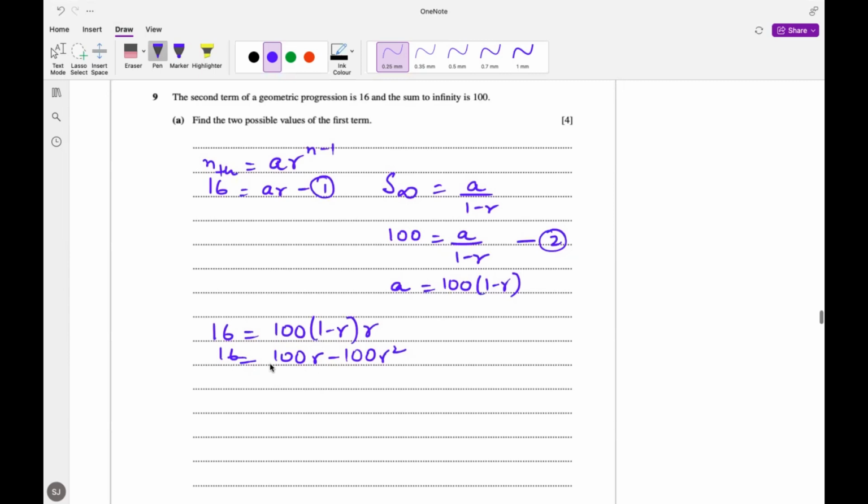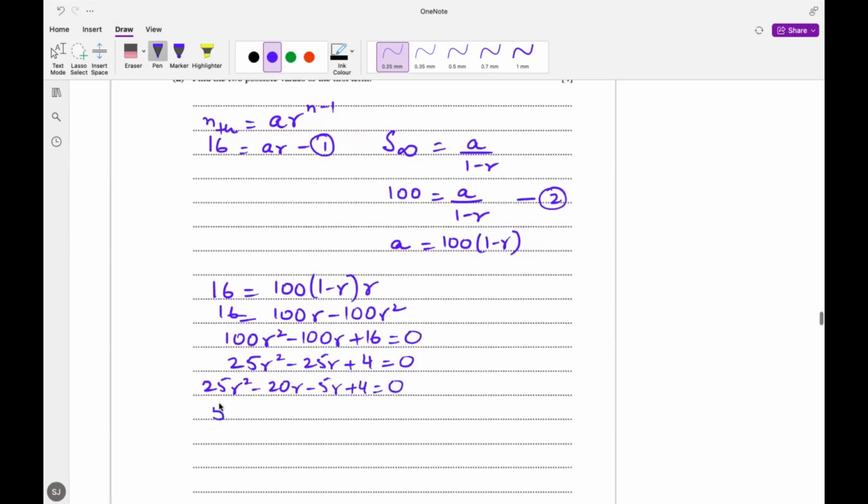Taking the r squared term to the left hand side to make it positive, we get 100r squared minus 100r plus 16 equals 0. Dividing by 4 to make it simple, the equation becomes 25r squared minus 25r plus 4 equals 0. Now we can factorize it by middle term breaking. So this will become 25r squared minus 20r minus 5r plus 4 equals 0.